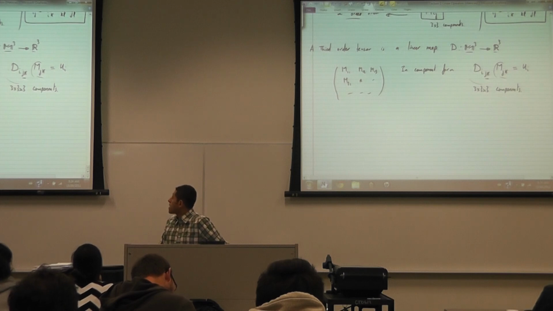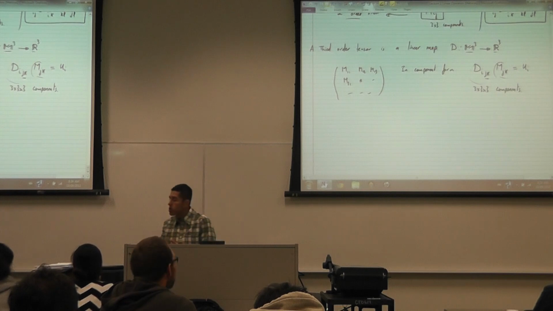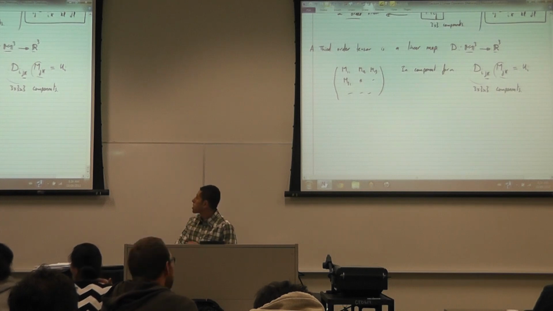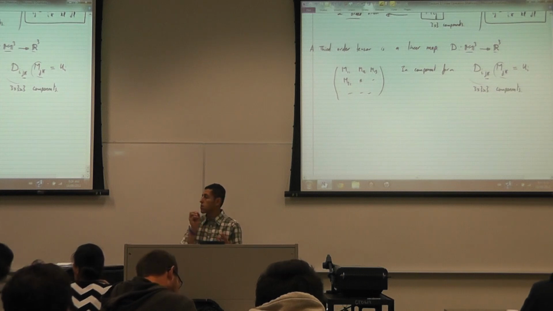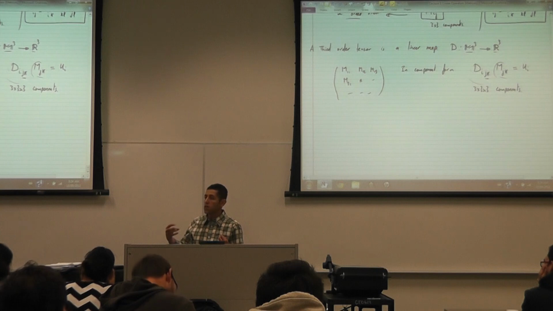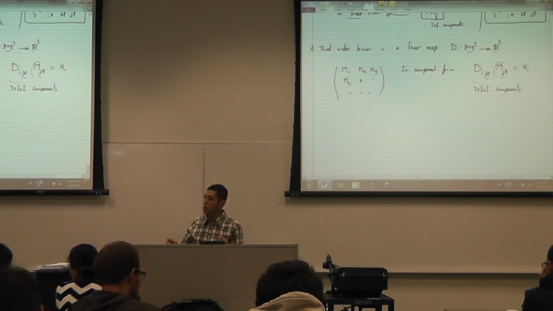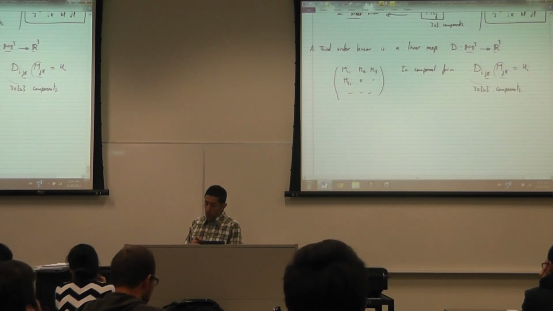So if I have a third order tensor that for every matrix gives me a vector, it will need 3 by 3 by 3 components, because every matrix has 9 components. If I multiply a constant by each of those components and add everything up, I get 1 component in the resulting vector. Then I repeat for the second component, then I repeat for the third component, and I will get 3 by 3 by 3 components for D.